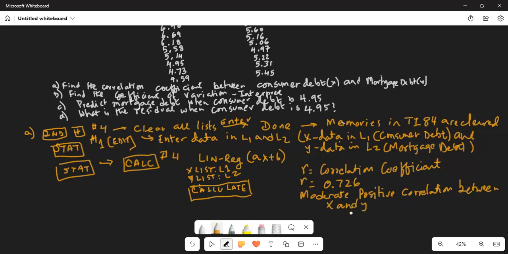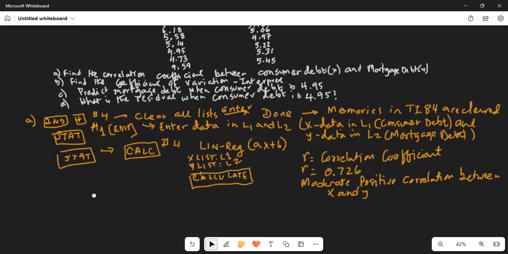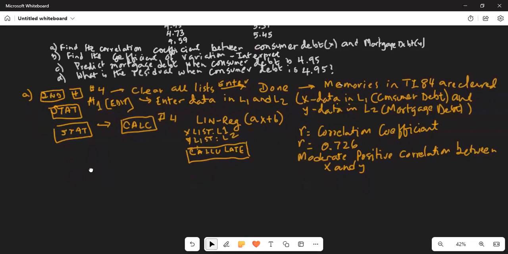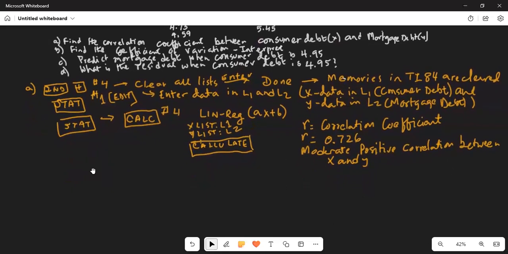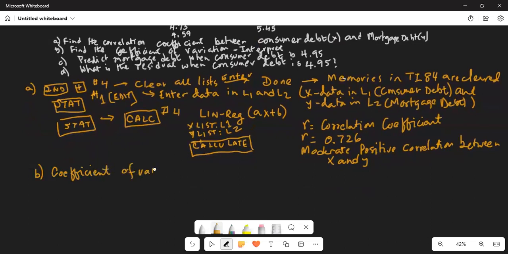Next, we will find part B, the coefficient of variation, which is R square.